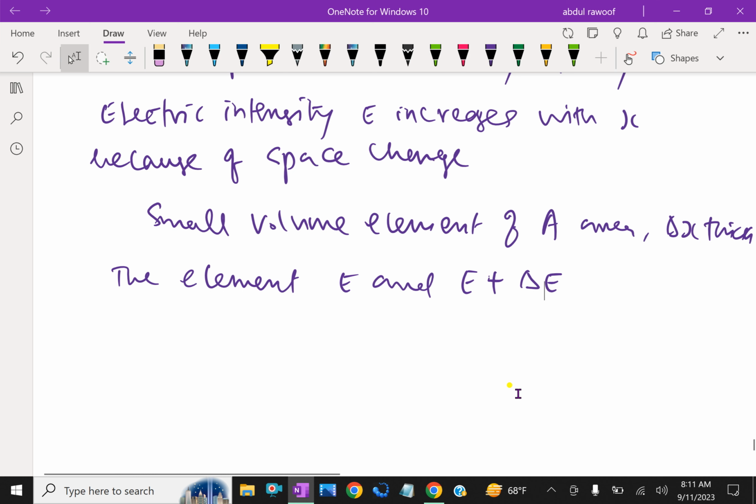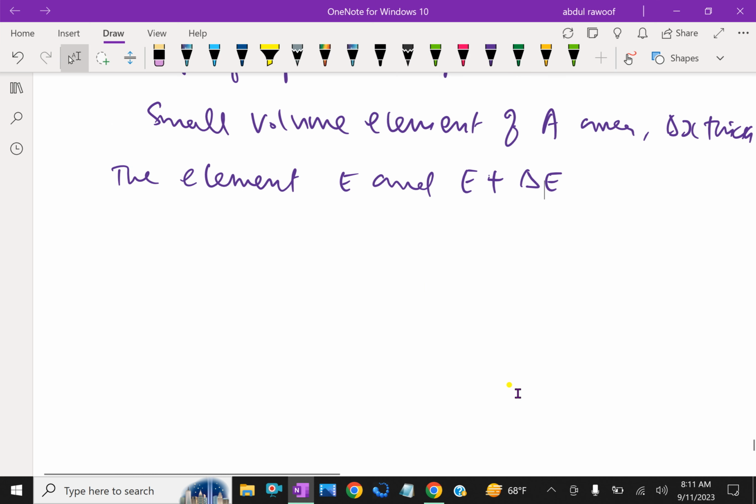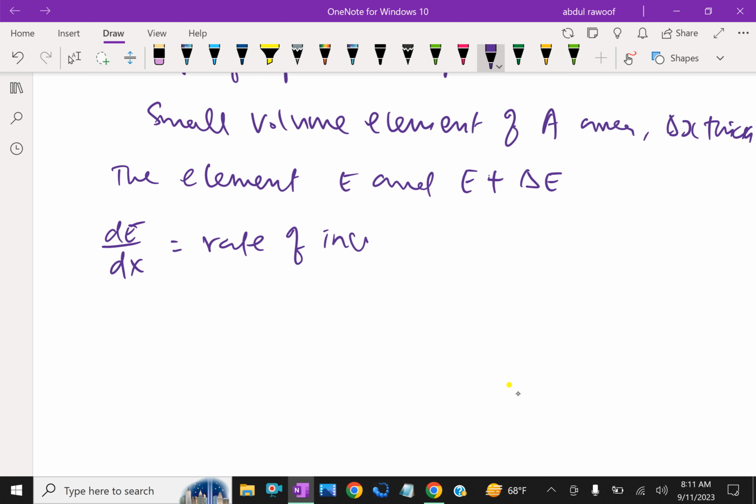The change in electric field with distance, dou E by dou x, represents the rate of increase of electric intensity.